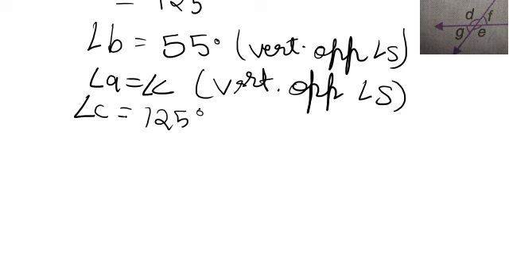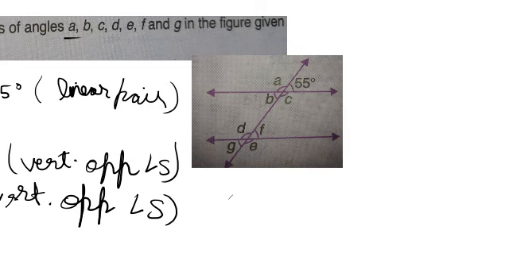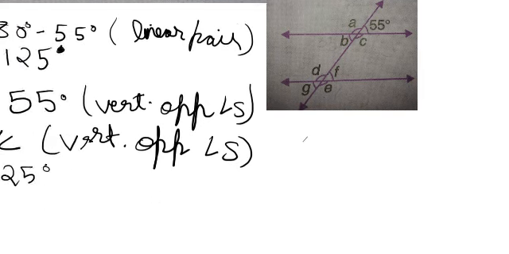Then we move on to the next half, this one, D, F, G and E. In this you can see that D is corresponding angle to A, because A is lying on the same side and one is on the exterior and the other is on the interior, right? A is in the exterior and D is in the interior. So this means they are corresponding angles, and corresponding angles are equal, right?